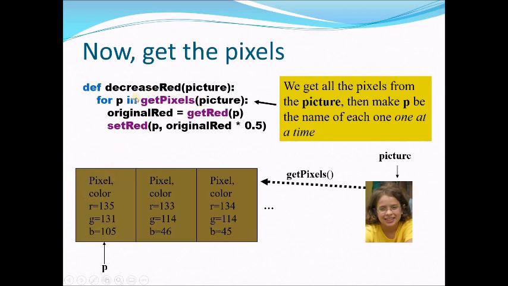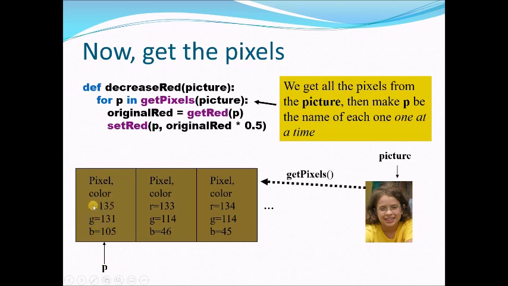When we start this function, getPixels will store all the pixels from this small picture, and one by one it will select each pixel of the picture. Let's say the first pixel is this one.